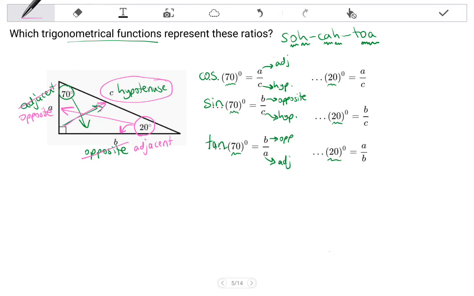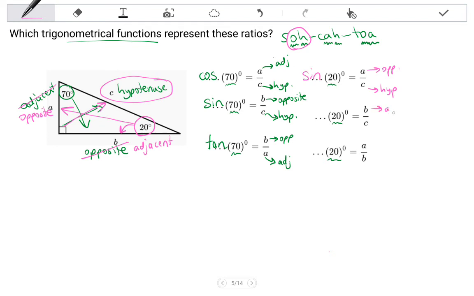Okay, I go to the ratios. So according to the 20, A is opposite, C is hypotenuse. So opposite and hypotenuse together used in sine.